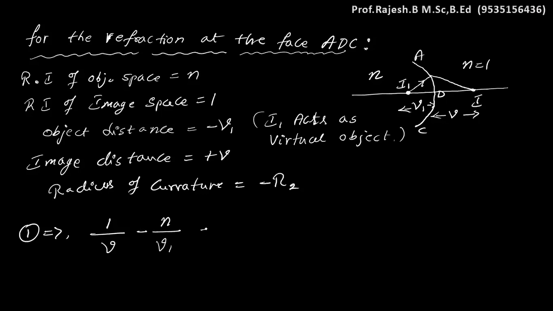The difference in the refractive index, higher minus lower, I can write as N minus 1. Now this becomes minus R2. Call it equation 3. This is for the second phase. Copy this.